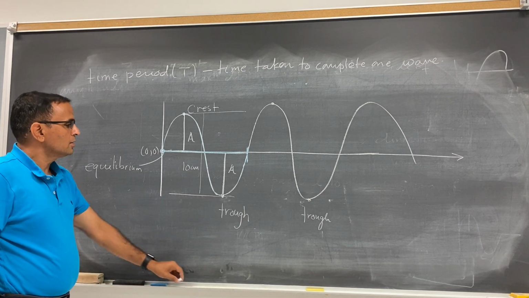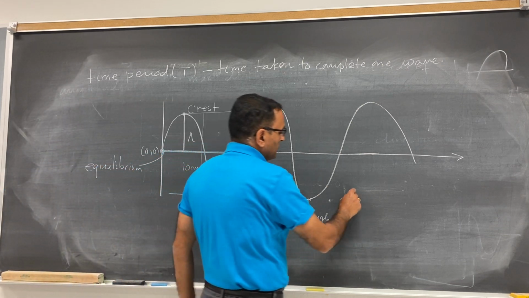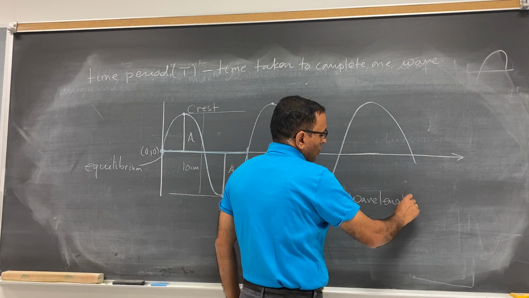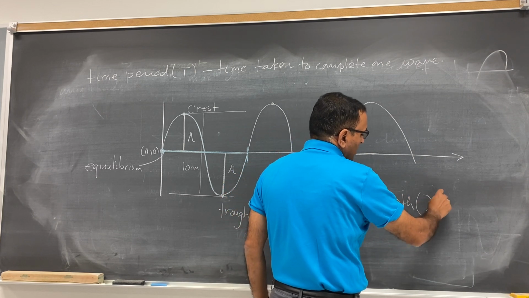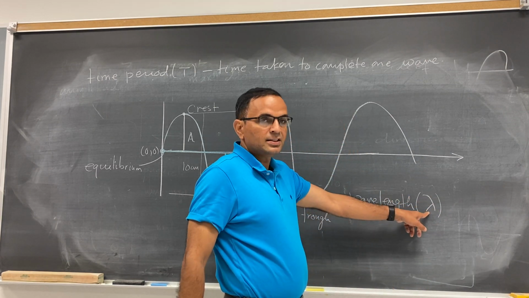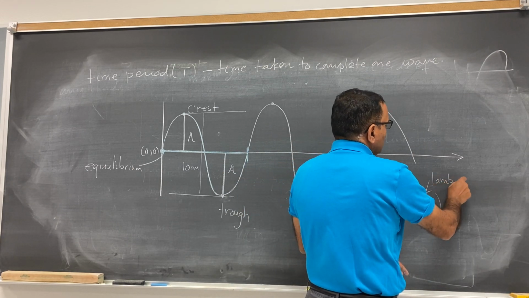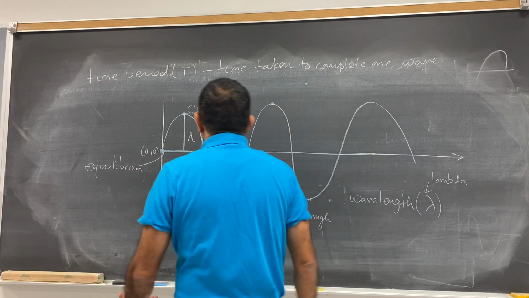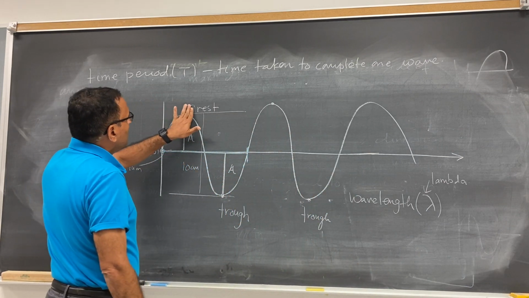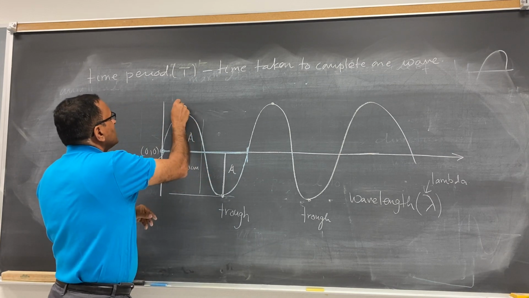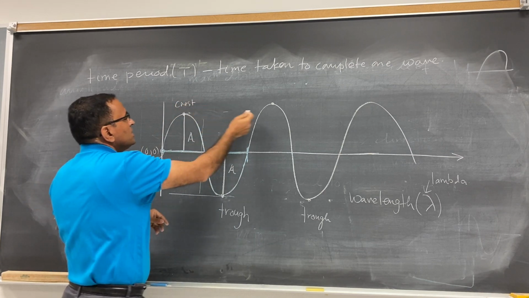And there is another term we call the wavelength. Wavelength is simply denoted by this symbol. Do you know what this is? It is a Greek letter. This is called lambda. So what is wavelength then? Now look at this. What is this point? This is a crest. What is this point?